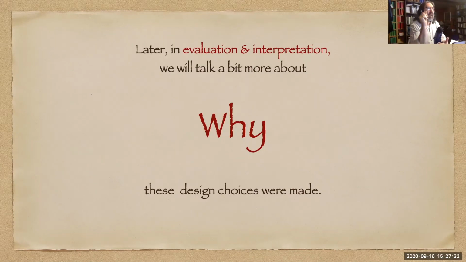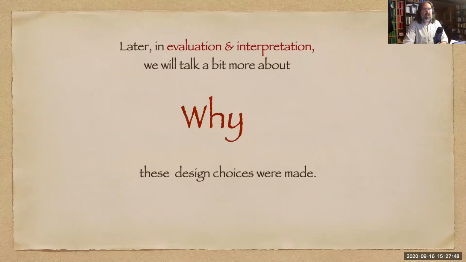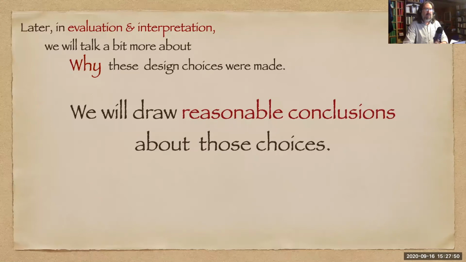Later, in evaluation and interpretation, we'll pick up this idea and we'll talk a little bit more about why those design choices were made. Okay, so the things we find inside our artifact, the blueprint stuff, we're going to later pick that up and reflect on why those choices were made. Why were these design choices made inside my artifact?